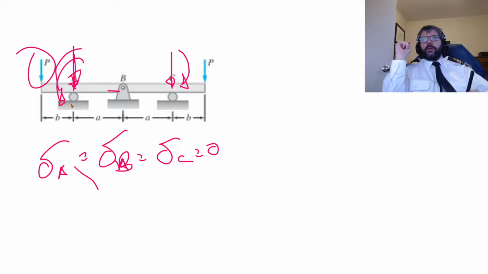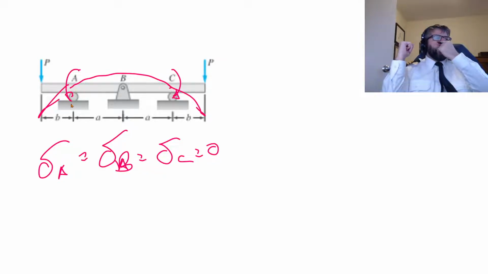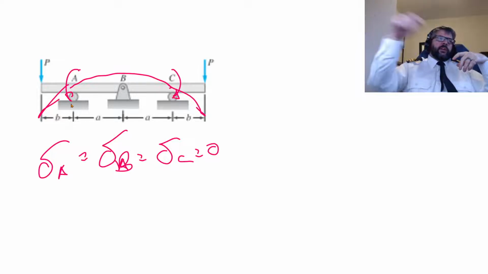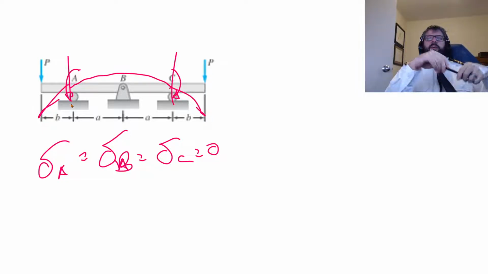So if we only just applied a moment here and a moment here, we're going to get something like this. Whereas on the other end, it still continues on, but our formulas are based on what's in the middle there, so we can work with that.